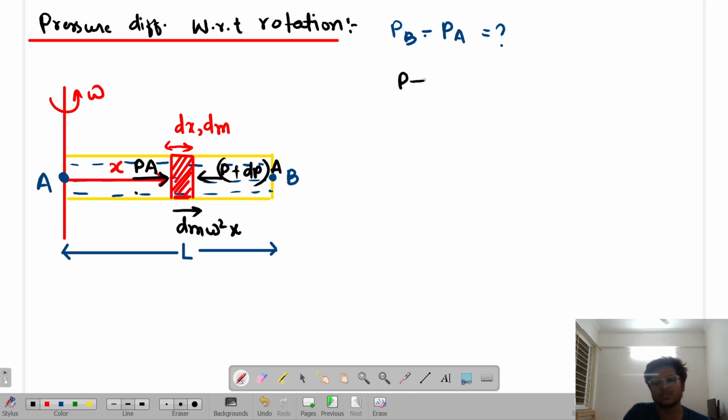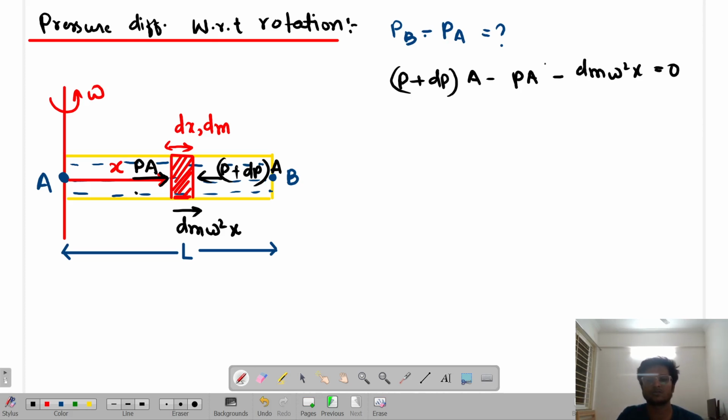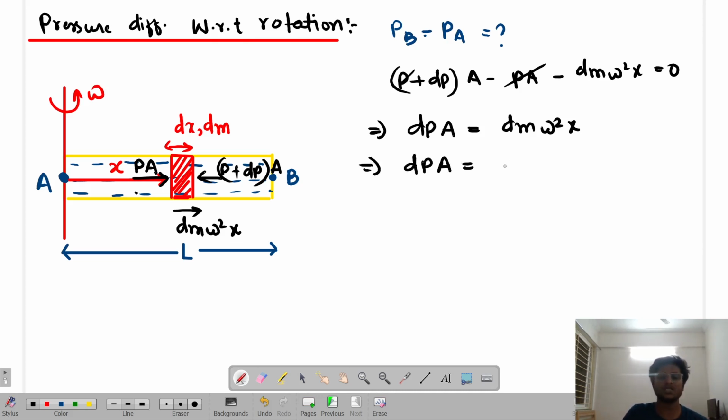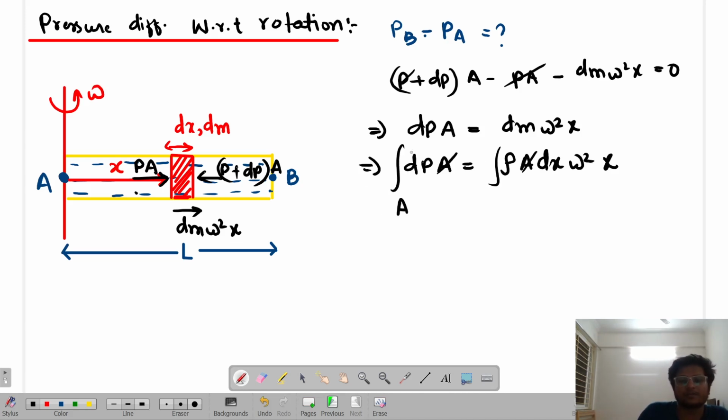So the equation will once again become (P plus dP) into area minus PA minus dm omega square x equals zero. dm is the density of the liquid rho times volume. A cancels, integrated from A to B. Now at A some pressure will be developed, but the coordinate will be 0 over here, so integrating 0 to L, this becomes PB minus PA equals half rho omega square L square.